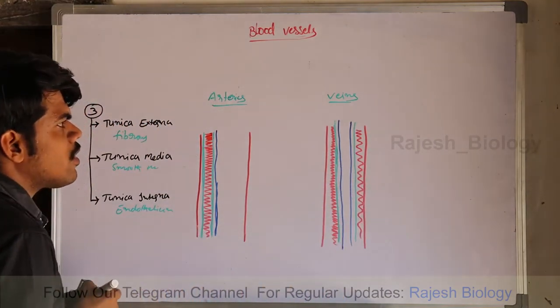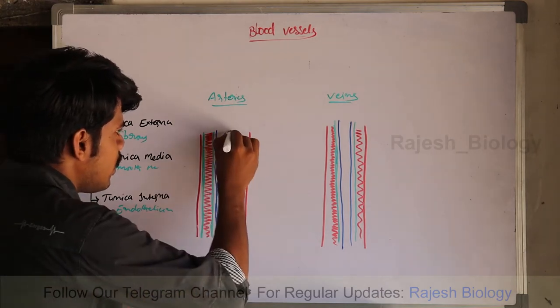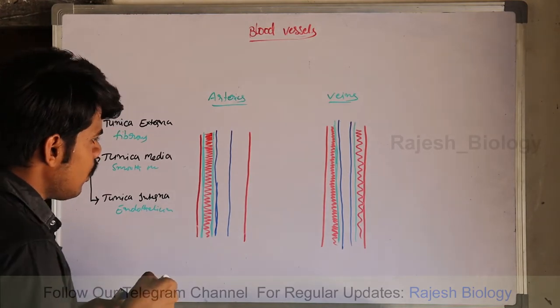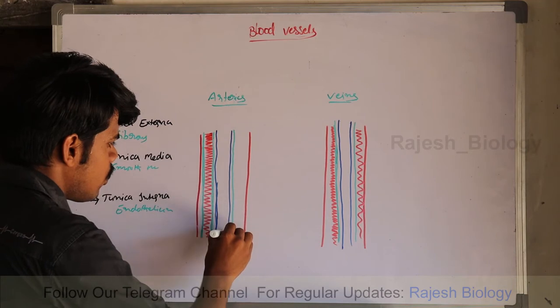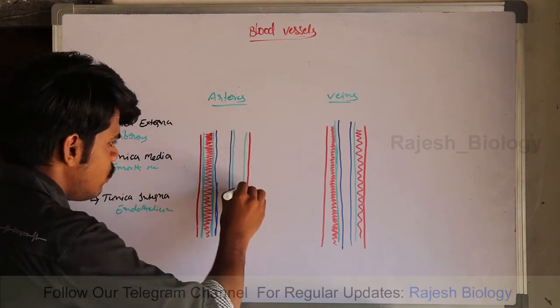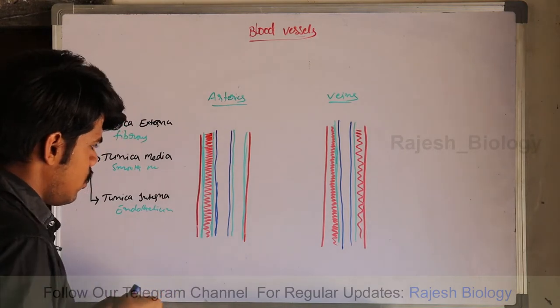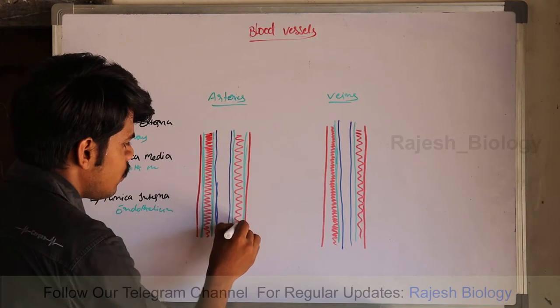So it is the structure of the vein. And here also the same, it is an endothelium and two elastic laminas on either side of the smooth muscle. Here is the smooth muscle of your artery.